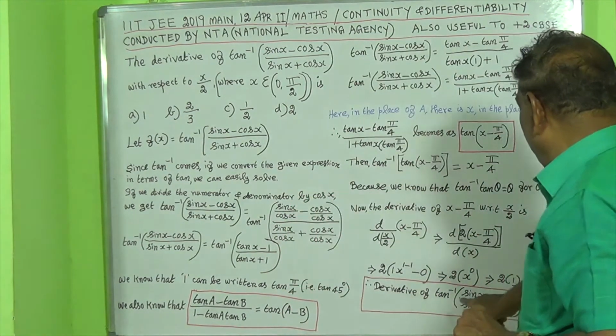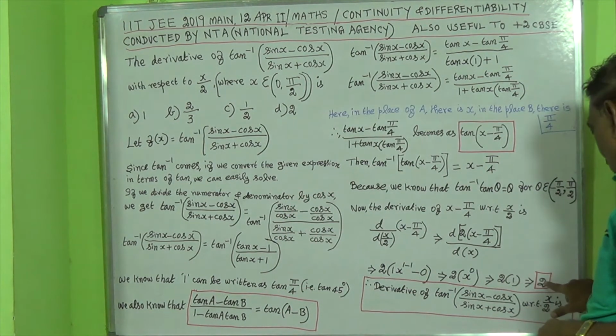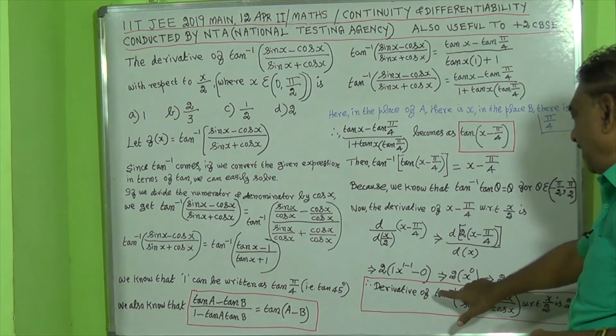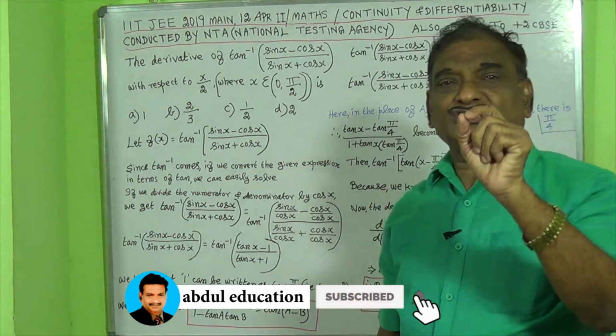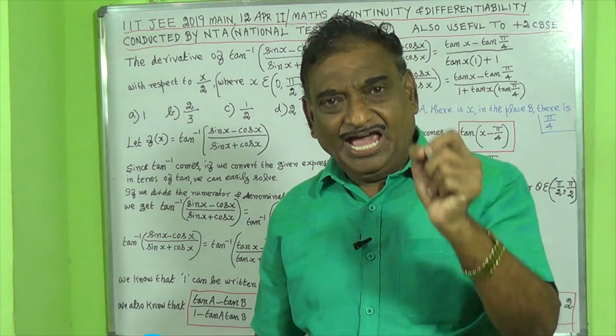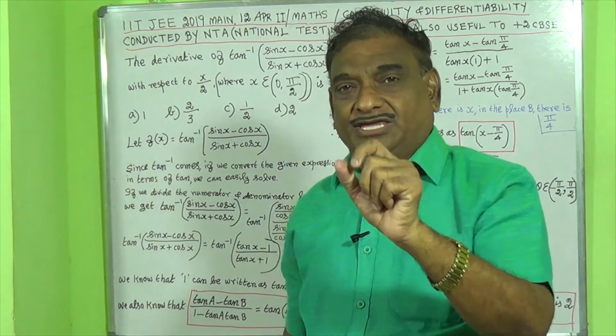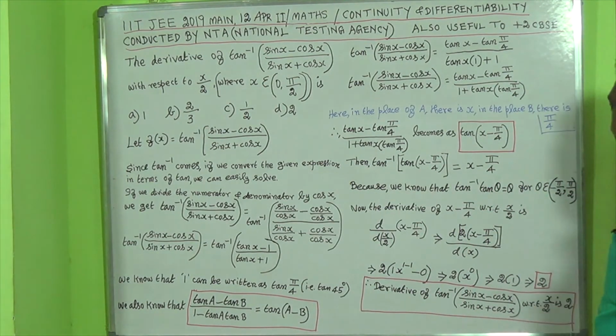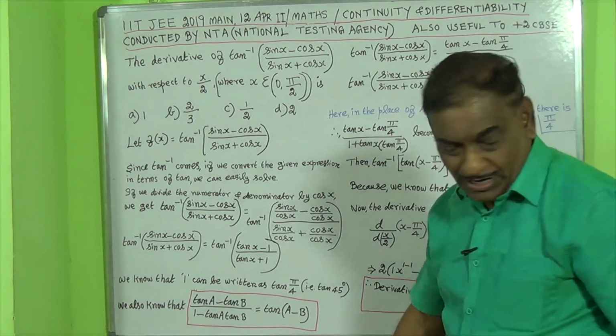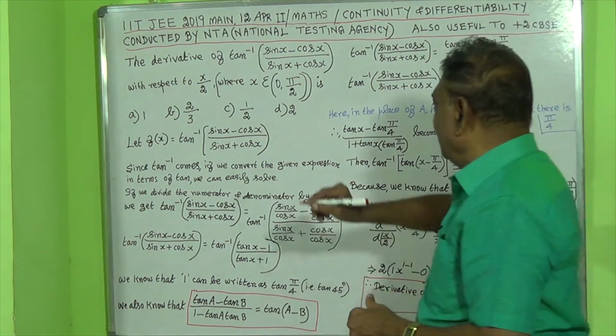So we will get the answer as 2. Therefore, the derivative of tan inverse of (sin x minus cos x) by (sin x plus cos x) is obtained as 2. Therefore, the answer D is correct.